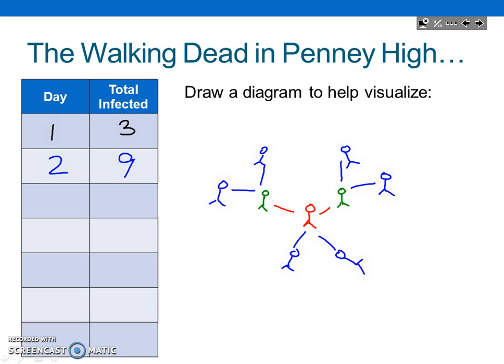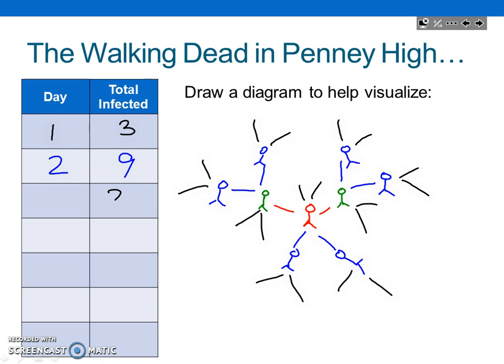Day 3 comes along. Each of these guys are going to infect 2 more people. So of those 9, we had 9 originally. Now we're adding 18. So 9 and 18 is going to give me 27. Okay, so on day 3, we have 27 zombies.